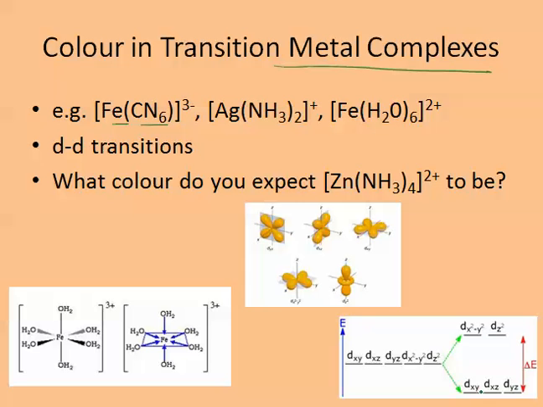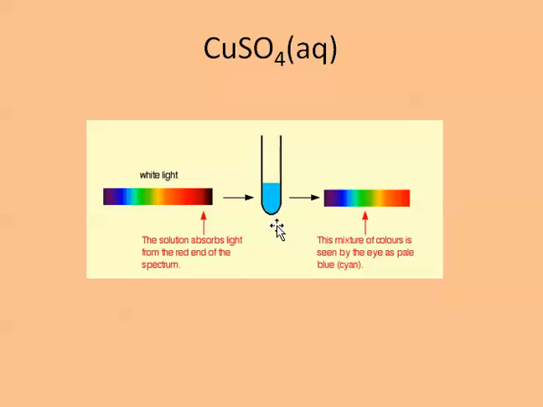And if my electron is able to be promoted up, then that will be absorbing light, and if that absorbance happens to be in the visible spectrum, then the light that's left over is what I see as a colour. So for example, here's my copper sulfate, some light's coming in, it's absorbing kind of in this area, which means we're seeing colours more in that area.